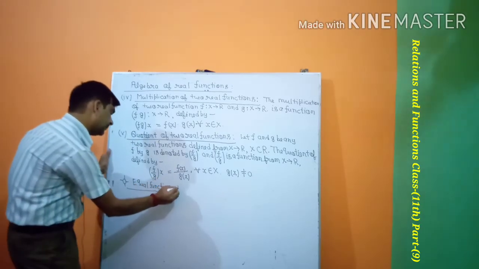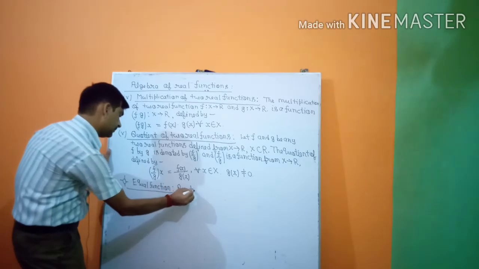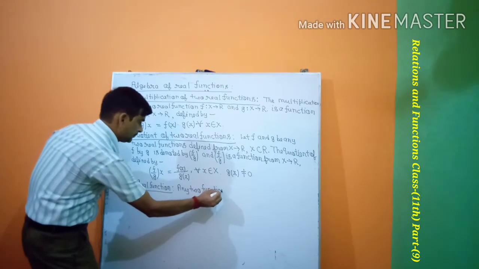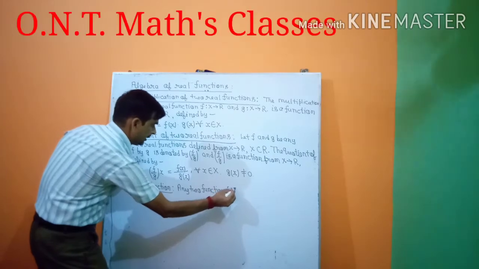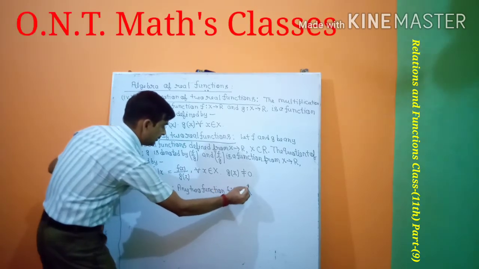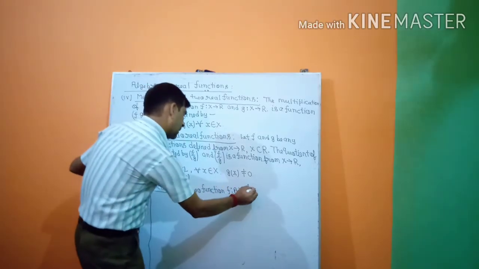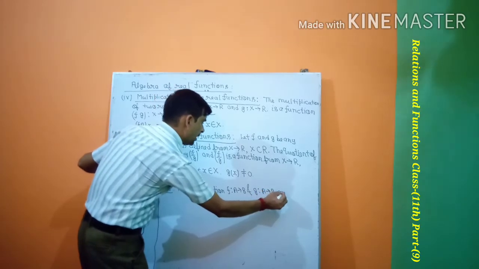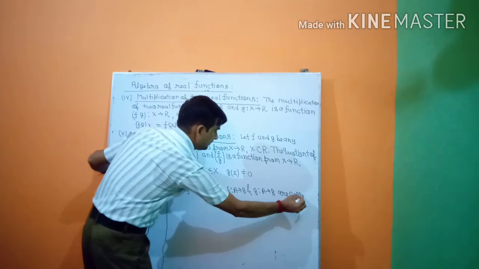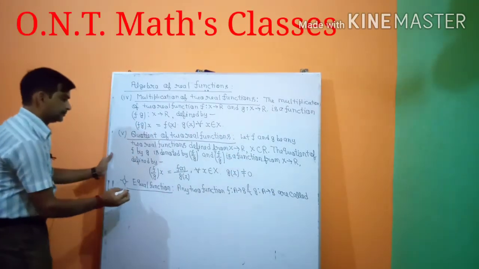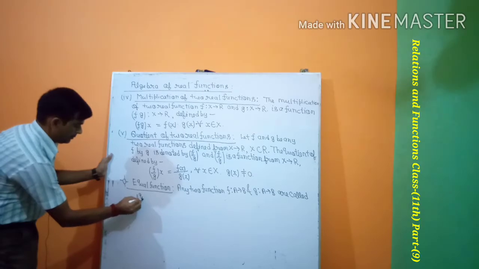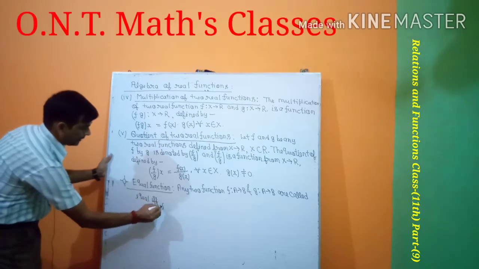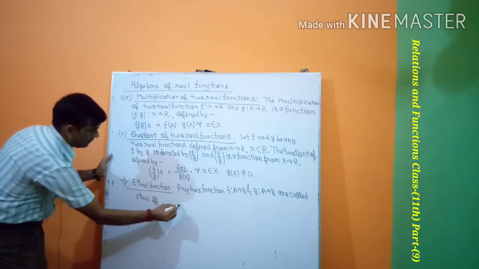Any two functions f: A → B and g: A → B are called equal if and only if f(x) = g(x).